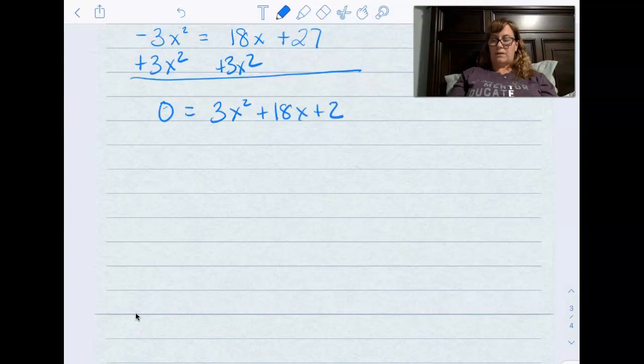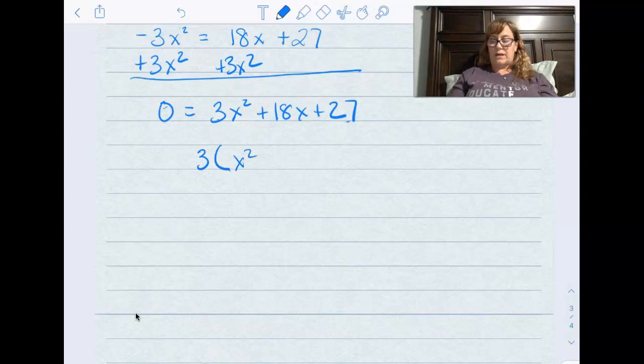And we have our polynomial in standard form. You now know how to factor this, but I'm going to go over it just in case. Notice that all three numbers have a common factor of 3. To make this easier, pull that 3 out first. So you're going to have 3 times (x squared plus 6x plus 9).